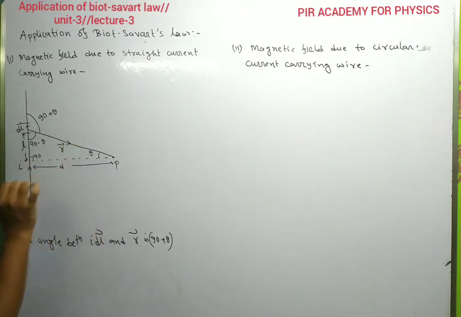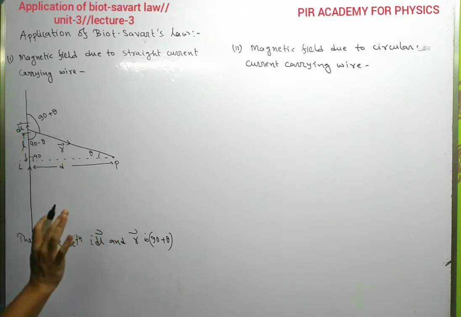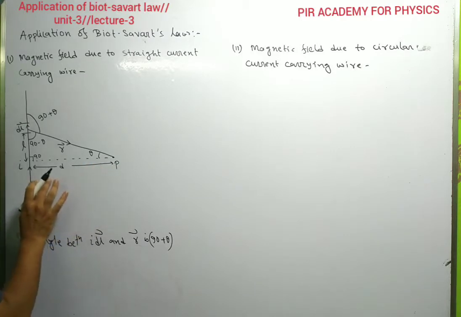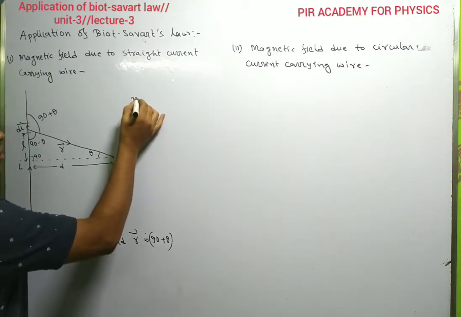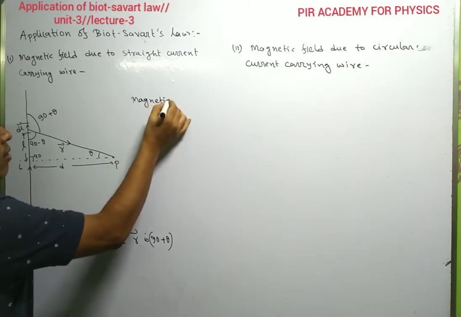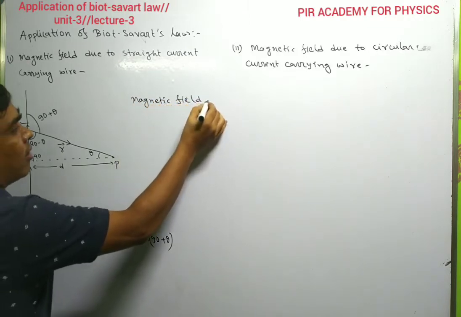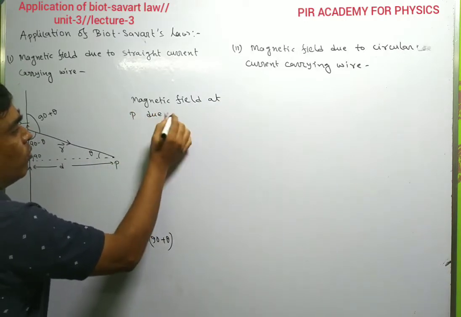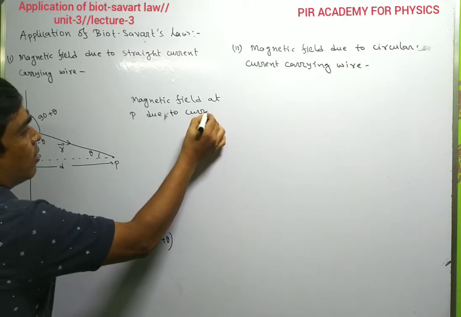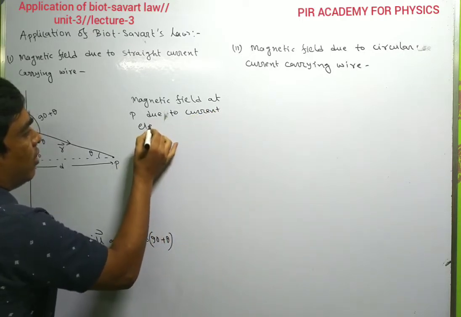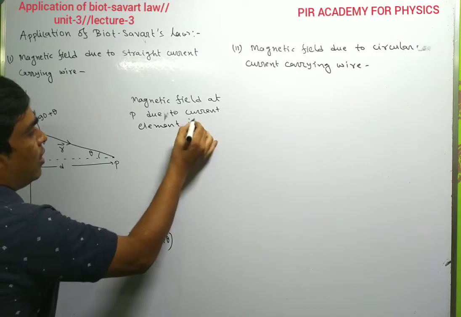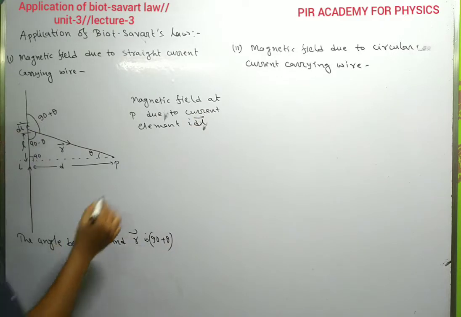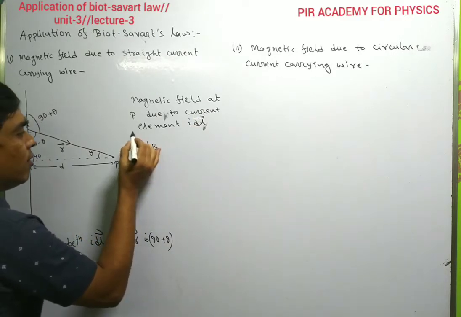So if I use Biot-Savart law to calculate magnetic field at P, then the magnetic field at P due to current element Idl will be, suppose this magnetic field is dB.